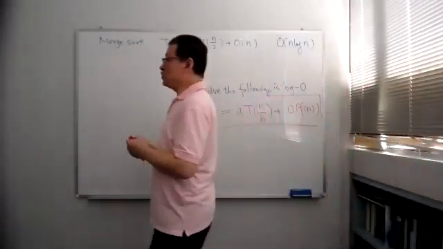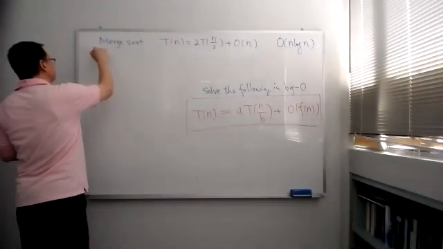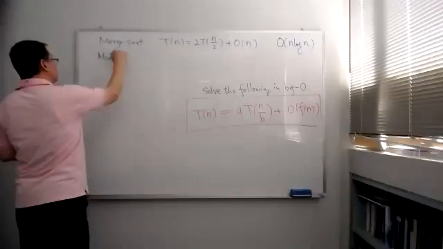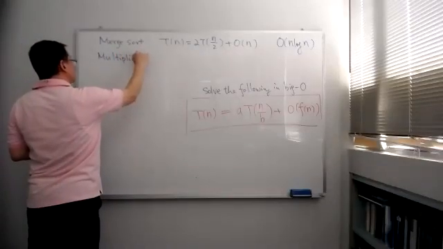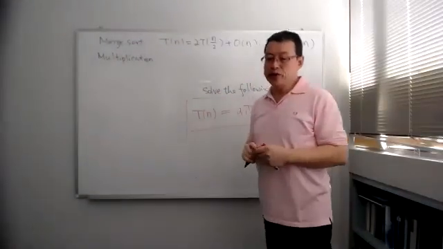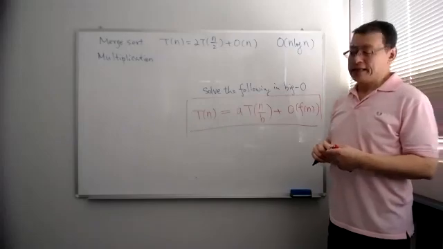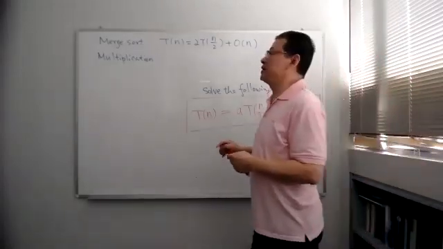Now for multiplication of two n-digit numbers, of course, it takes n squared time, but we can use a divide and conquer method to do better.